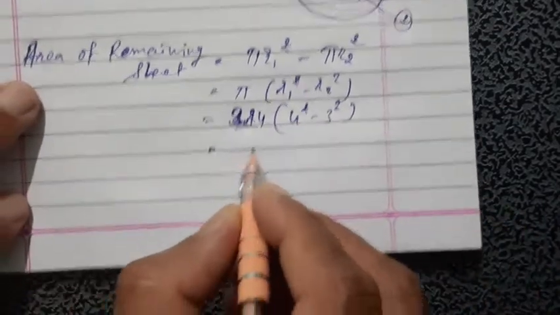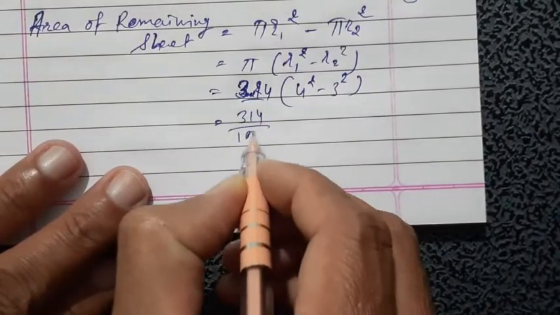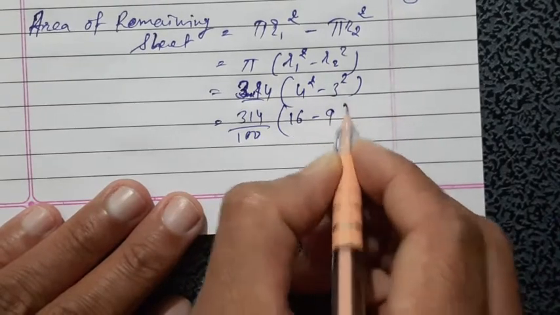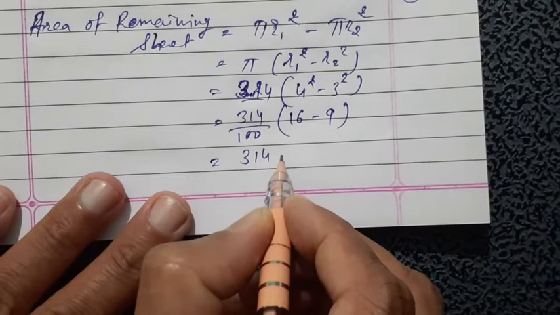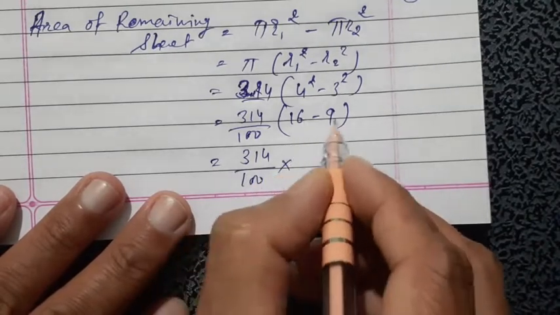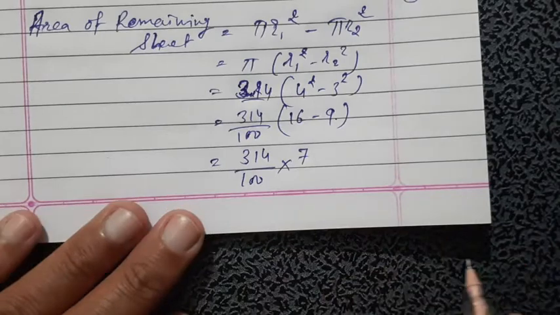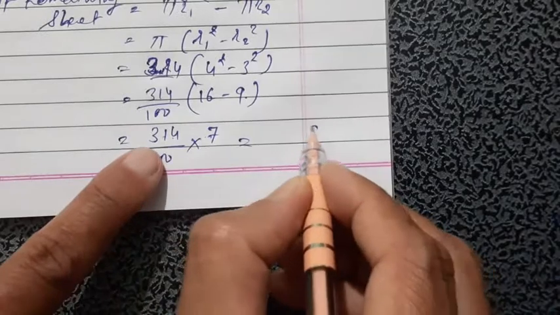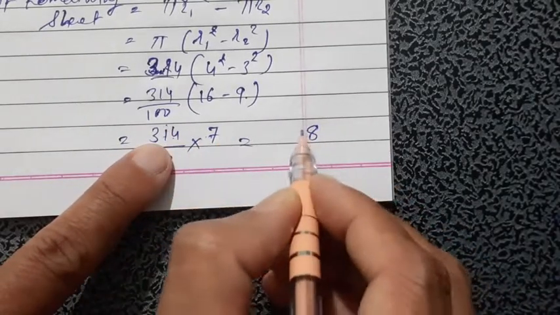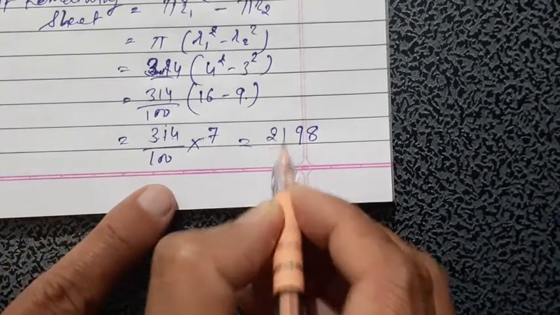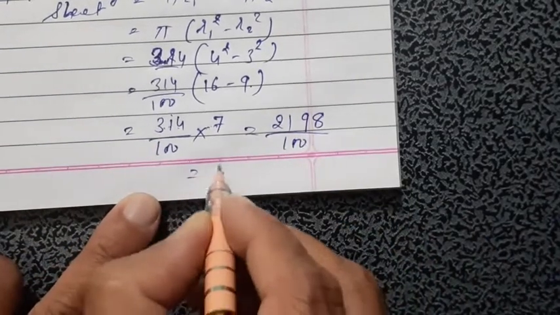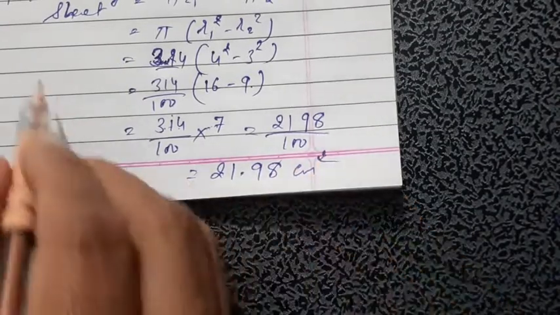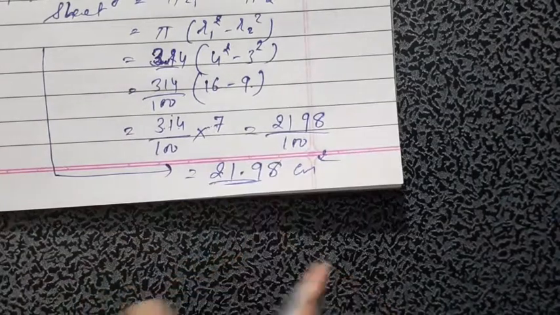So 3.14 means 314 divided by 100 into 4 square is 16 minus 3 square is 9. So 314 divided by 100 into the difference of that one, which is 7. So what to do? Multiply with 7. 7 4s are 28, here 2, 7 and 2, 9, 7 3s are 21 upon 100. So final answer is 21.98 centimeter square. Okay, that is the area of the remaining sheet.